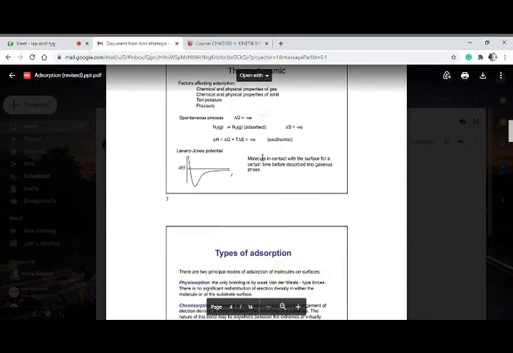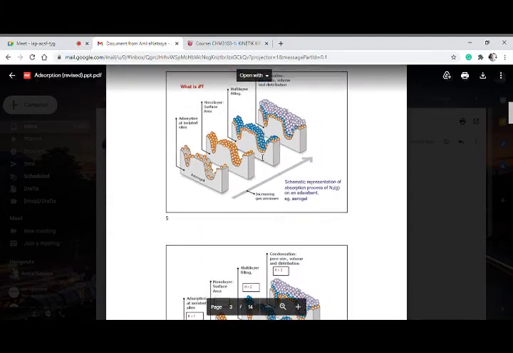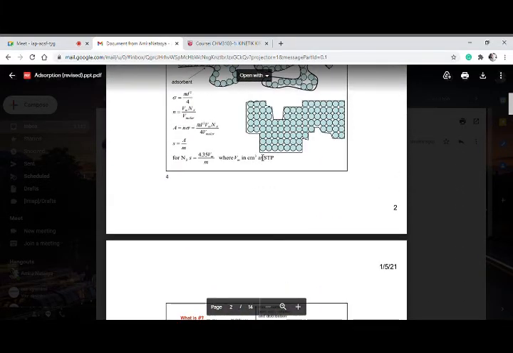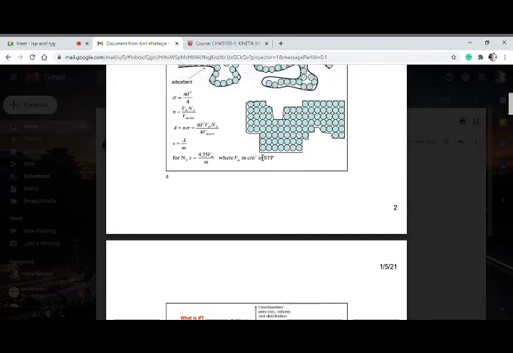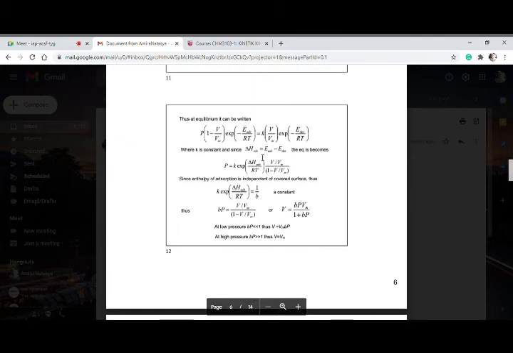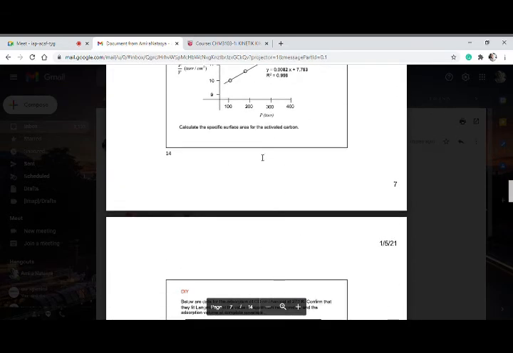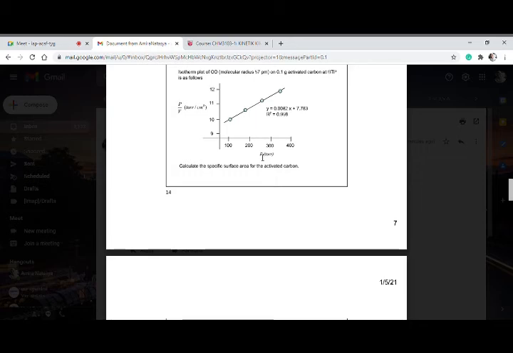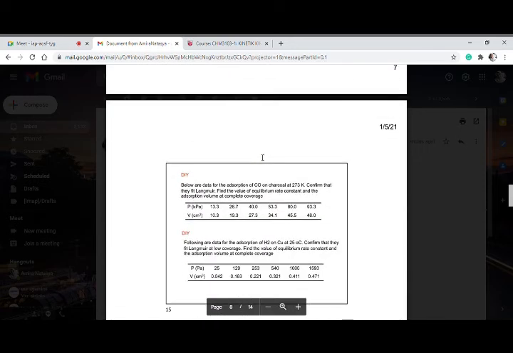Okay, so this is the graph that you want, right? From there, you can determine the value of the equilibrium rate constant. So what is the equilibrium rate constant? And the adsorption volume.